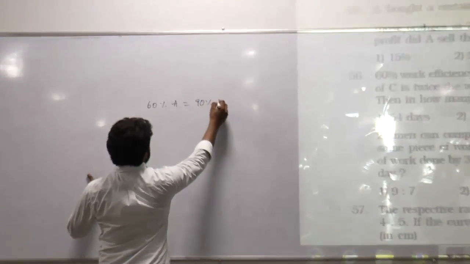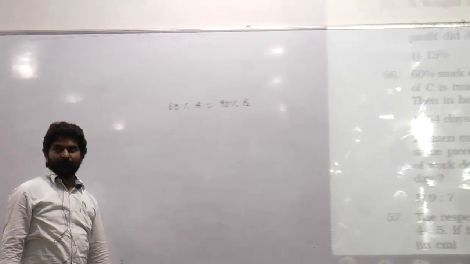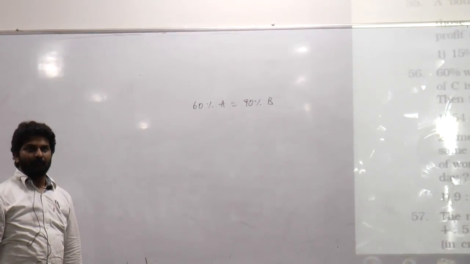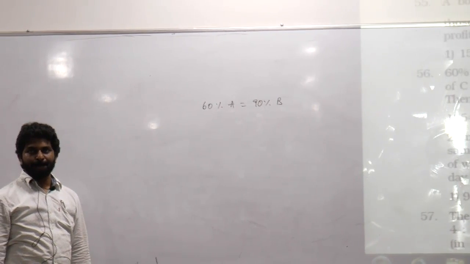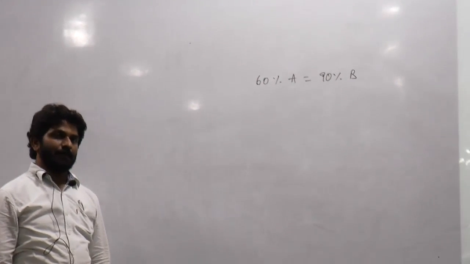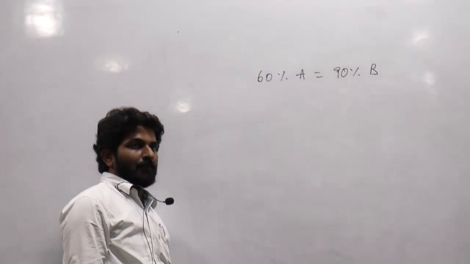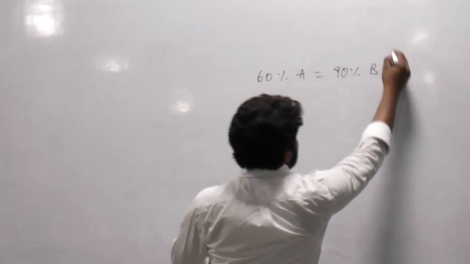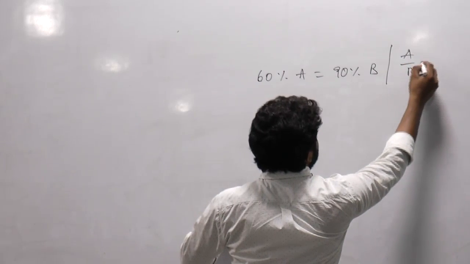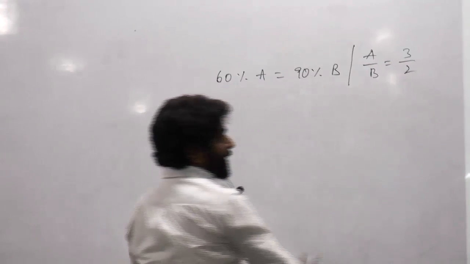60% of A's efficiency is equal to 90% of B's efficiency. From this, what is A by B? 3 by 2.